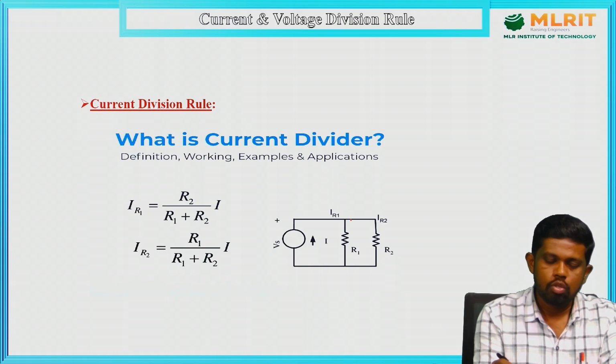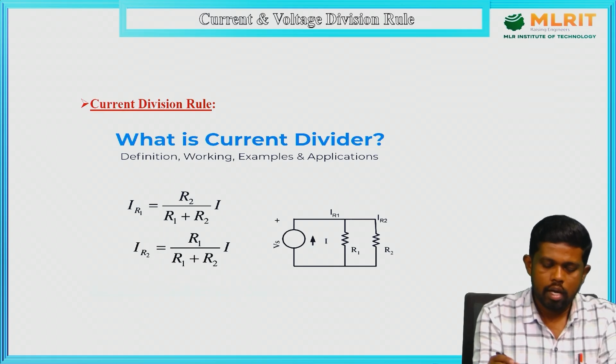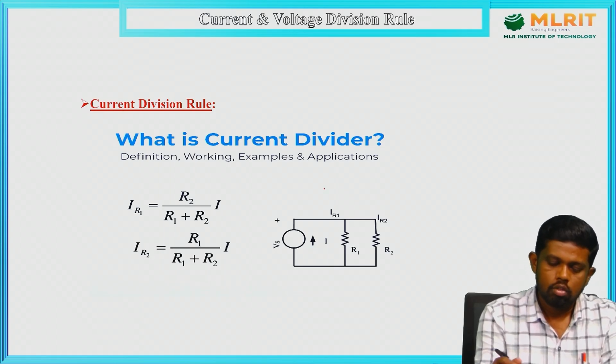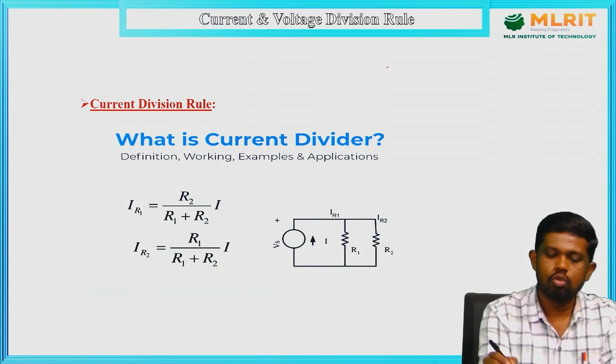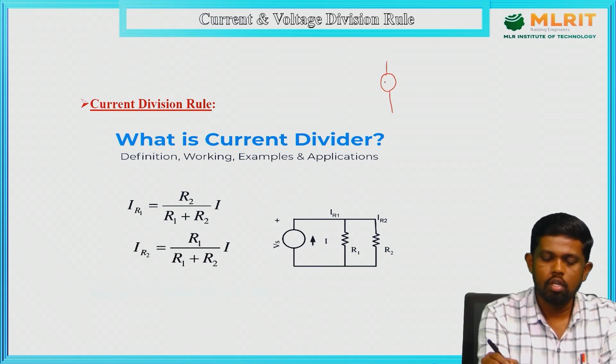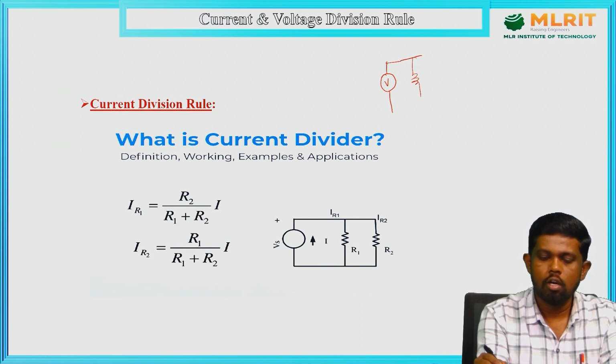According to this, we can write the expression. Let us say this is a circuit, and I am going to redraw the same circuit. It has an applied voltage, this is the R1 resistor, and this is the R2 resistor. The current given by the source is I total.